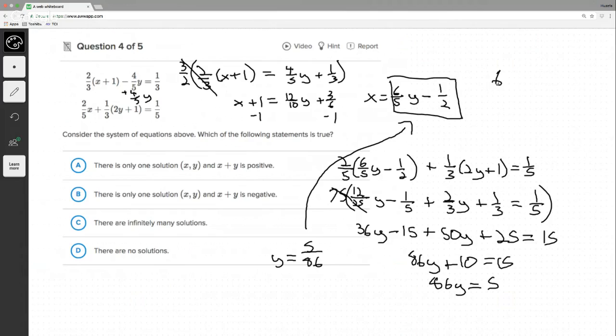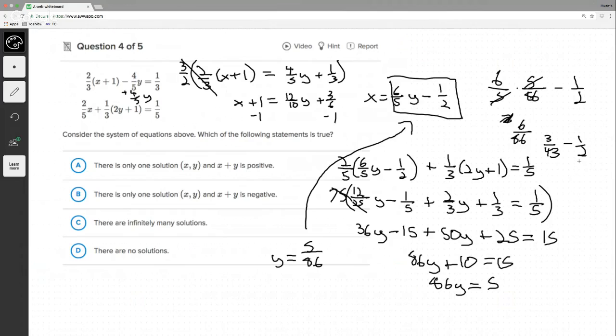So 6/5 times, and I can, so this will be 30 over, oh no, these cross off. This becomes 6/86, which reduces to 3/43. 3/43 minus 1/2.